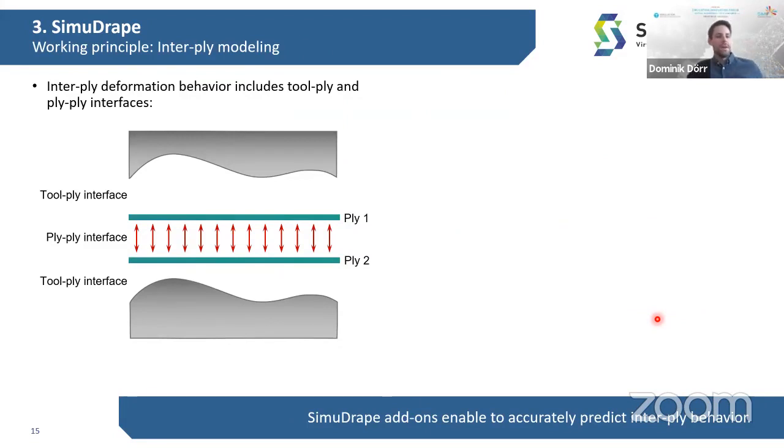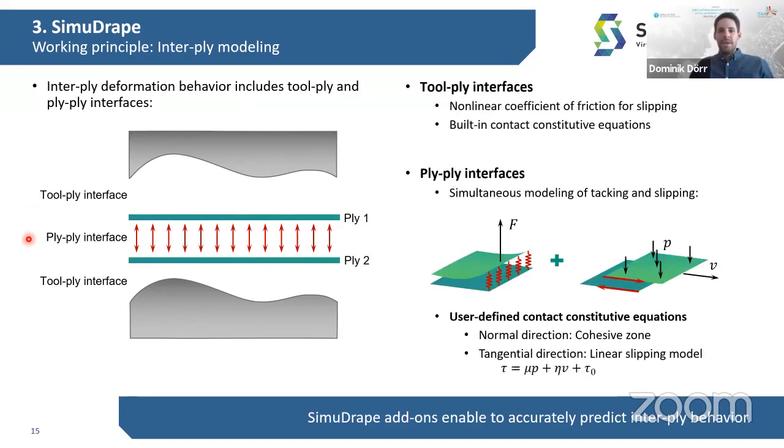So this was so far on intra-ply behavior. A remaining part, of course, is the inter-ply behavior, which again are the tool-ply interfaces and the ply-ply interfaces. What we do here for the tool-ply interfaces is just use the built-in contact constitutive equations which Abaqus supplies, because this is just sufficient for what we need for the tool-ply interfaces.